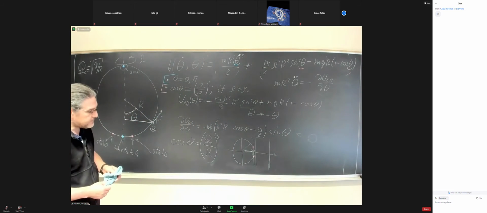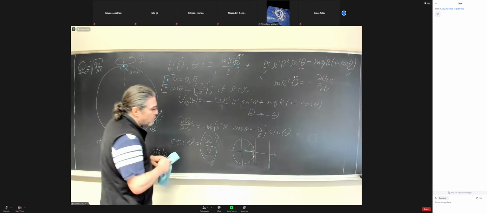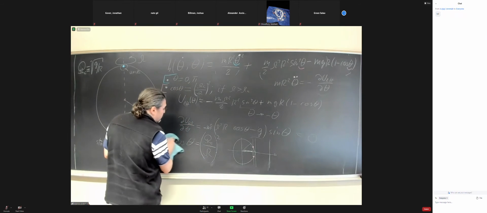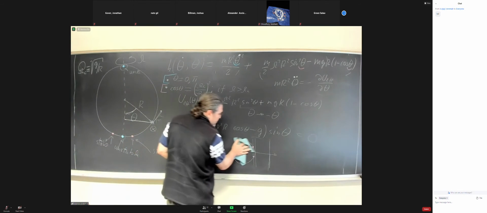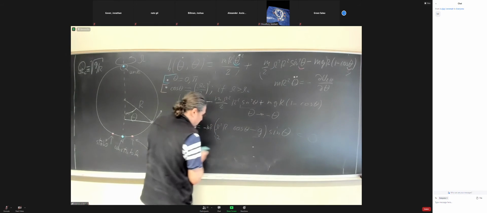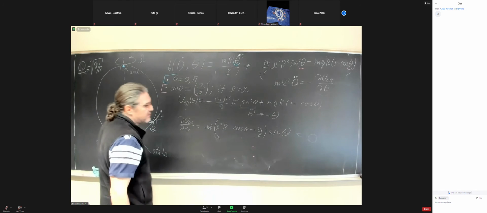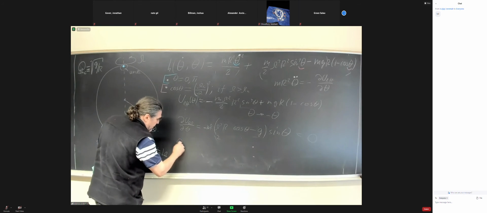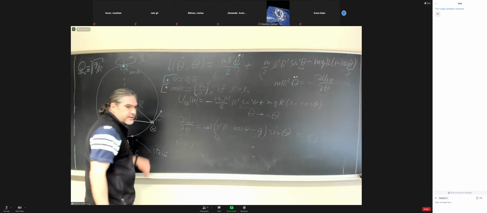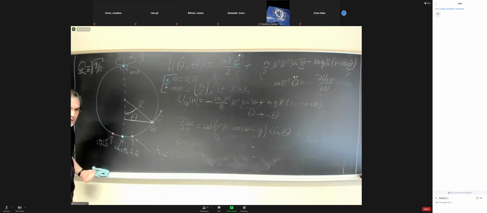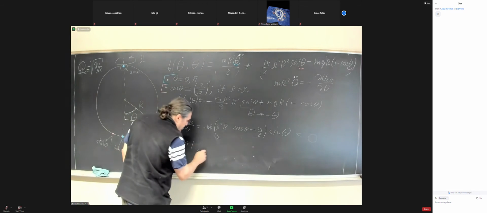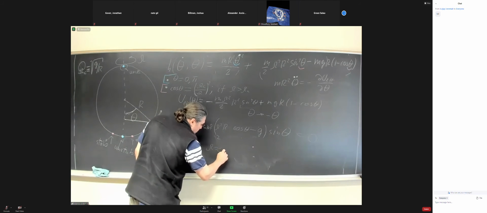Equilibrium position, right? So then I want to write my effective potential energy when theta is much smaller than, let's say, 1. So theta is very small, and omega is very close to omega critical.